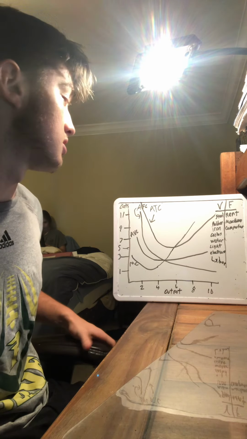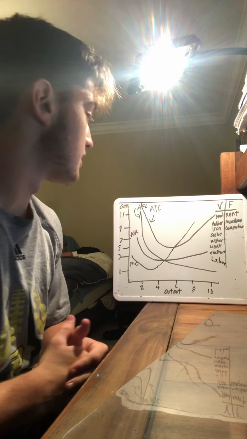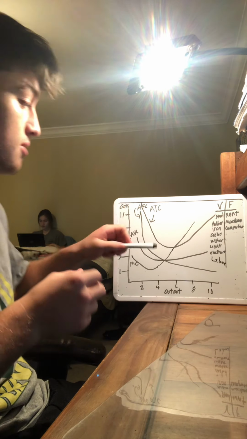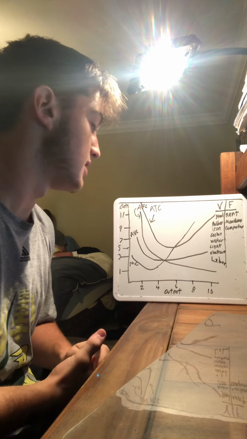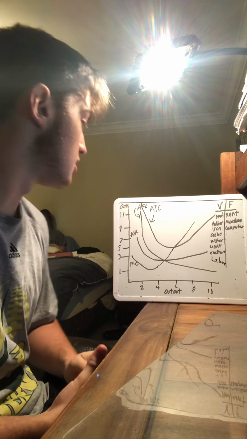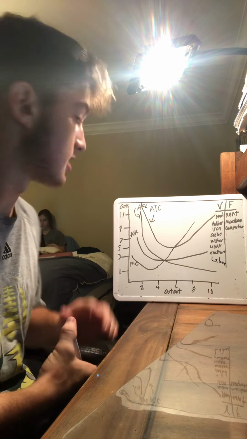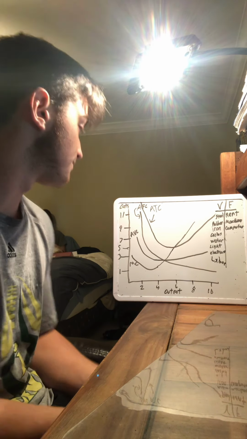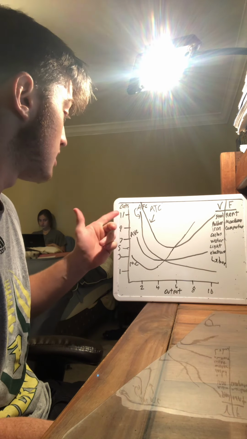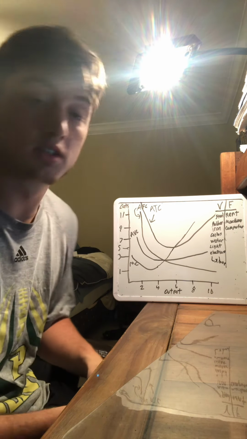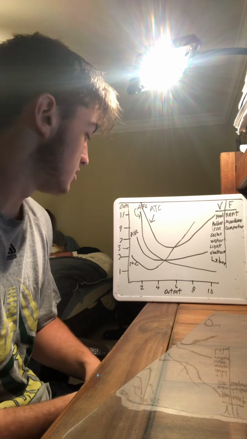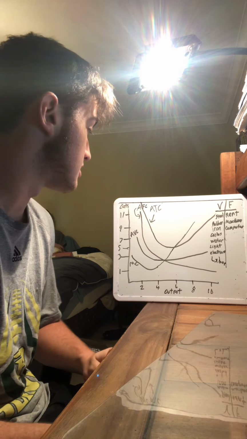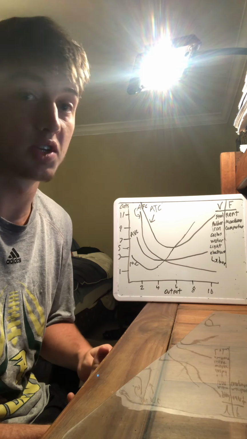So first let's go over what average fixed cost is and why in the graph it starts off so steep and then gets less steep as the output increases. At first the average fixed cost is extremely high when the output is low, and this makes sense because if the average fixed cost starts off at 11 and you're only producing 2 units and the golf clubs aren't selling for that much, then the cost is going to be extremely high.